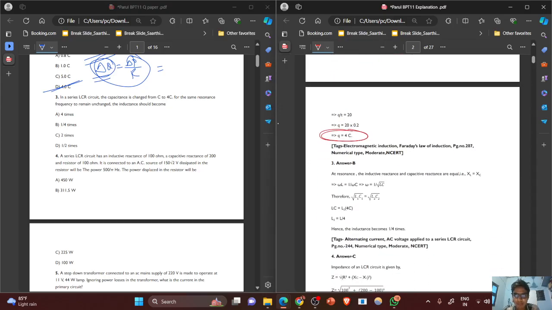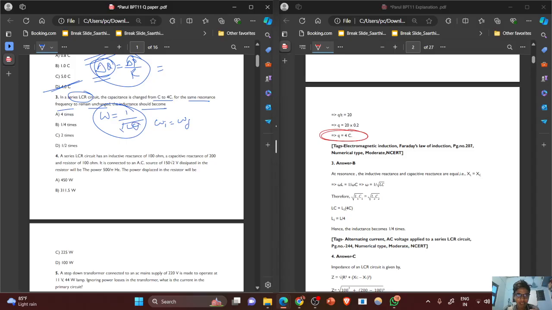Okay, now moving ahead. It is talking about an LCR circuit. Change in the capacitance is given, and the resonance frequency remains unchanged. Means omega, the resonance frequency 1 by root LC, remains the same. It is asking about the inductance. If omega is the same, omega initial equals omega final.